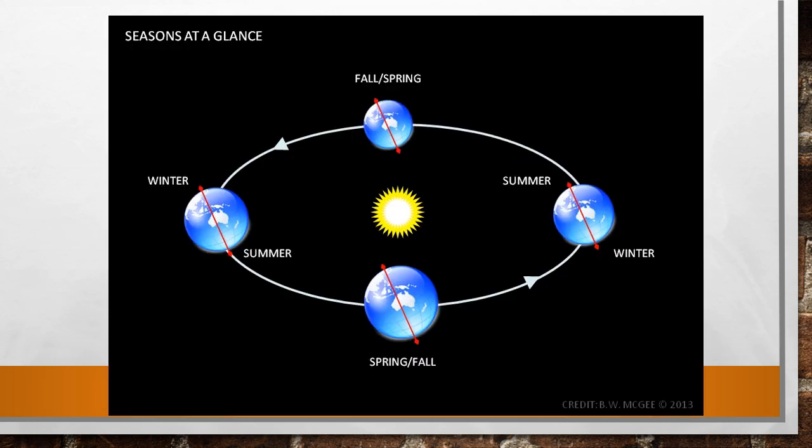So children, a very important consequence of the revolution of the Earth on its tilted axis is the creation of seasons. So in this diagram again, I'm going to tell you that in the month of June, when the northern hemisphere is tilted towards the Sun, it is summer for the northern hemisphere.